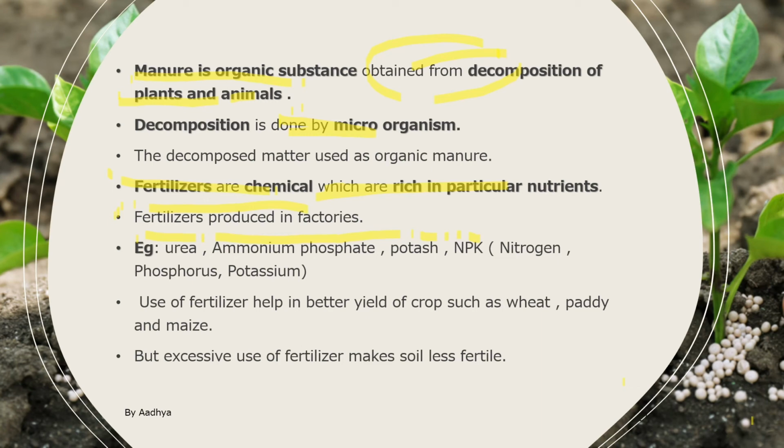Now use of fertilizers helps in the better yield of crops such as wheat, paddy, and maize, right? And this helps in the better yield, means in the proper and better growth of the plant, especially in plants like wheat, paddy, and maize. But excessive use of fertilizers makes the soil less fertile. As we know that when you are using a substance excessively, કોઈ પણ વધારે substance તમે use કરો છો તો એ ખરાબ કરે છે.